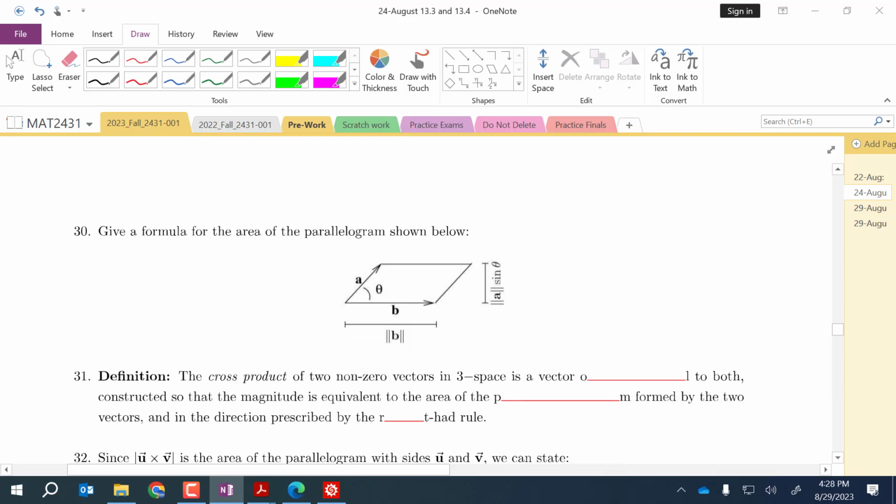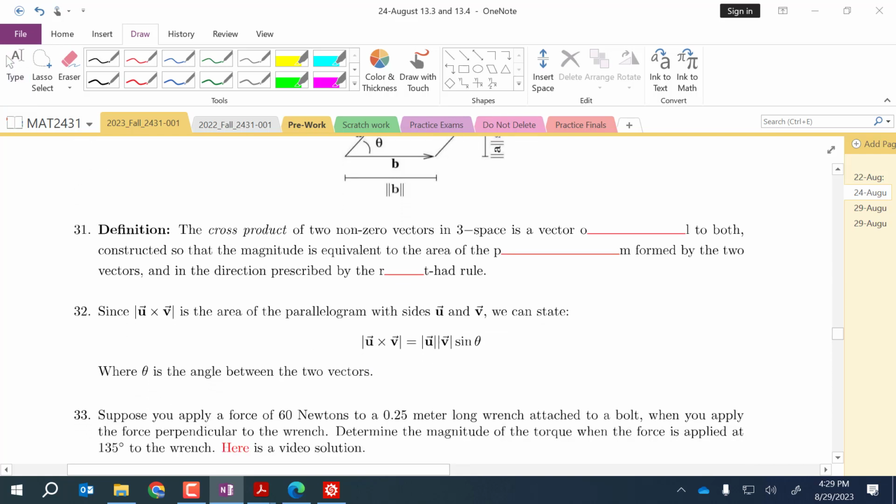Okay. So here we have a way of computing, if we know the angle between two vectors, the area of that parallelogram, just by using standard trigonometry. Would we just say the area of the parallelogram is base times height? Its base would be the length of this vector B here. Its height would be the magnitude of A times the sine of the angle between them.